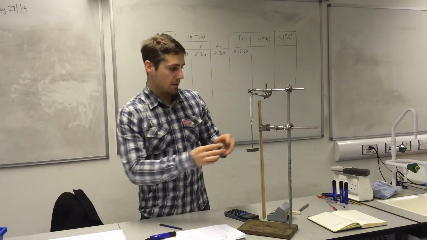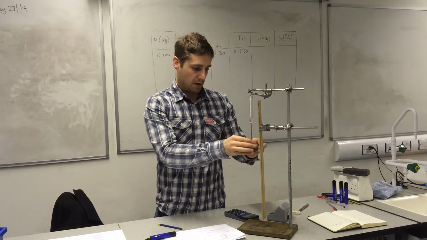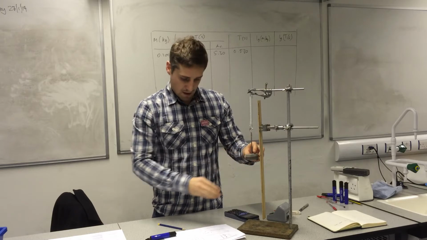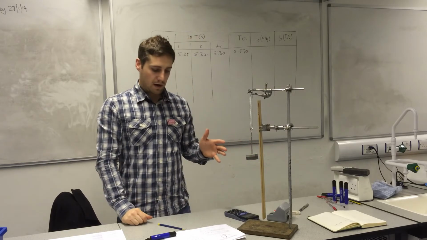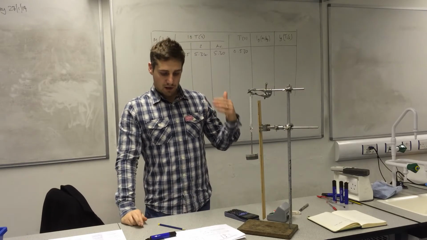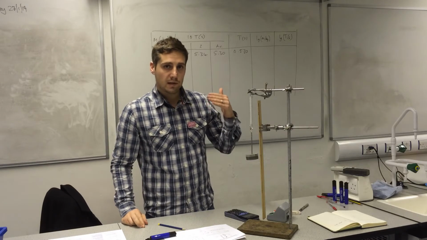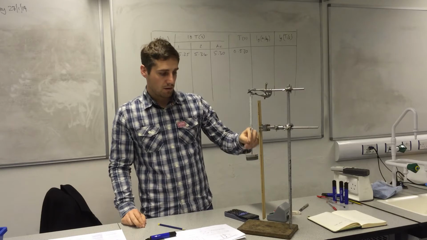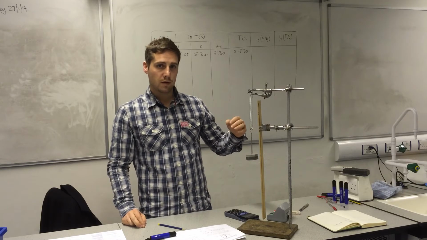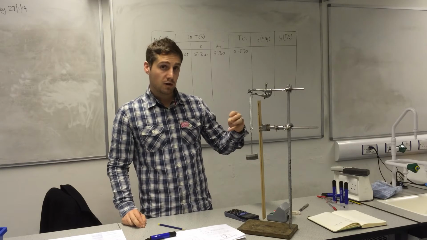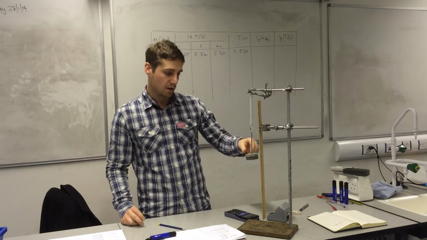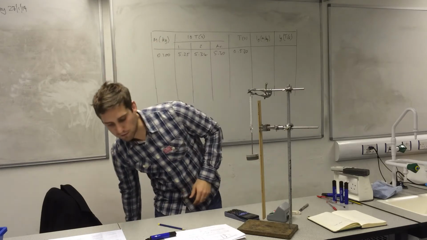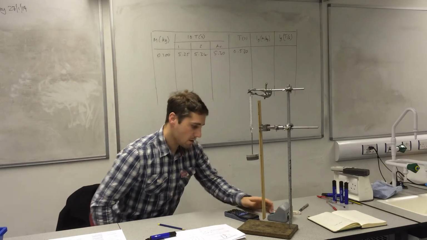Now increase the mass to 300 grams. I need to take a range of measurements now for masses of 200 to 700 grams. So I'm going to do 200, 300, 400, 500, 600, 700. So this is 300, and you take the measurements in the same way.